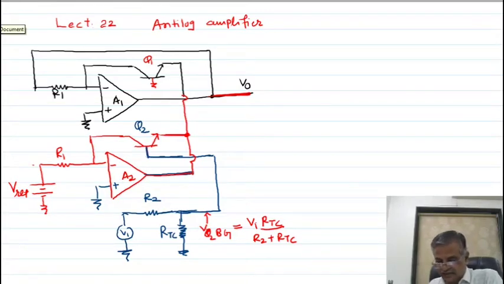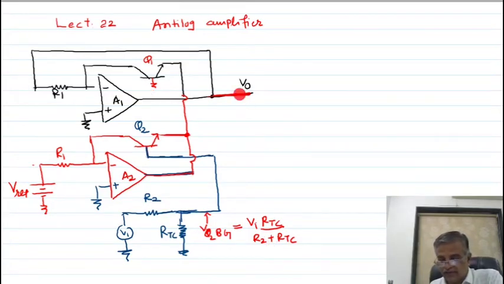The circuit diagram of the anti-log amplifier is shown in the figure. In this circuit, input is given to the temperature compensating voltage divider network, and then it is given to the base of the transistor Q2. So base voltage is nothing but Vi into RTC upon R2 plus RTC.